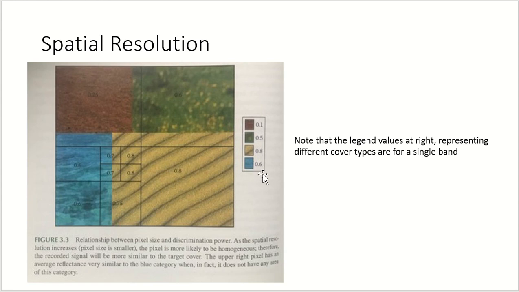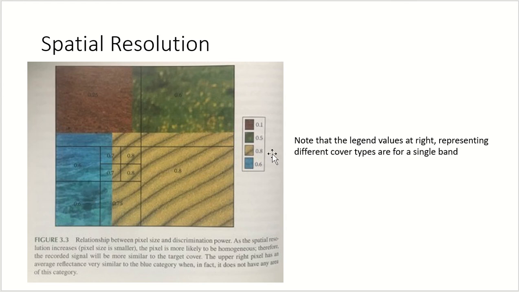So earlier we saw the spectral signatures that showed how different materials would reflect light of different wavelengths to different extents. So this would just be, how do they all reflect red light or near infrared light, say.